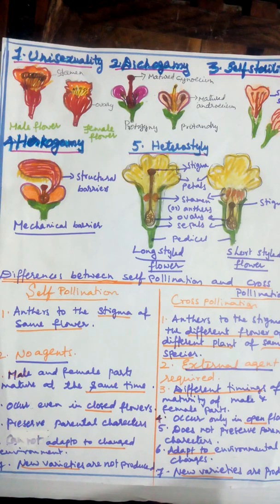They always get mixed. In self-pollination, new varieties are impossible. Hence, young ones cannot adapt to changed environmental conditions. Offsprings are healthier in cross-pollination, so they adapt to environmental changes. In self-pollination, new varieties are not possible, whereas new varieties can be produced in cross-pollination.